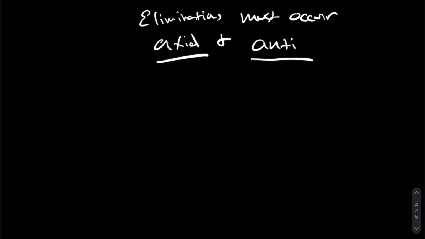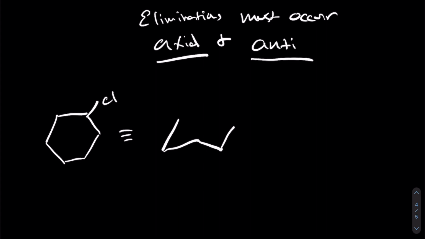So if we just draw a six-membered ring, call it that, all right? And that, of course, doesn't look like a flat hexagon. It looks like something that looks like this. It's not beautiful, but all right.